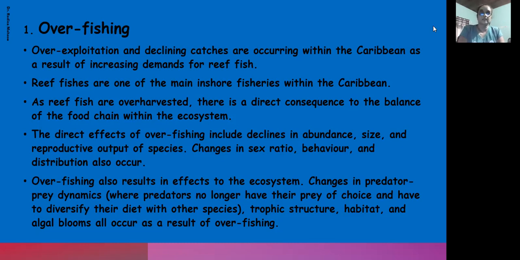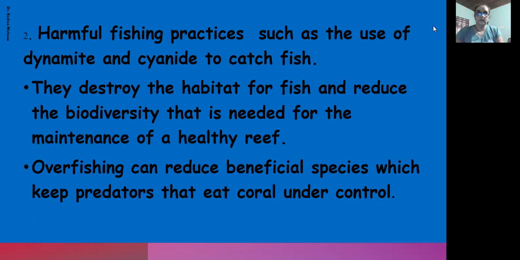You will have changes in sex ratio, behavior, and distribution. So overfishing really and truly affects the entire ecosystem. And when that happens, it threatens the reef, because we need to have balance in the ecosystem to ensure that the reefs are preserved. Okay, let me go to the next one.